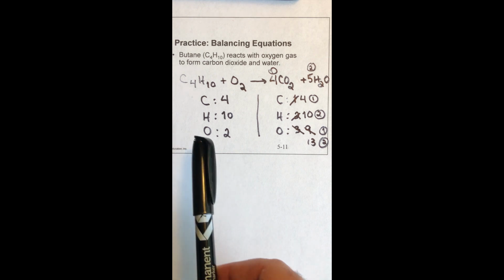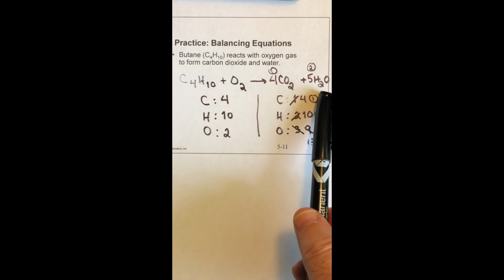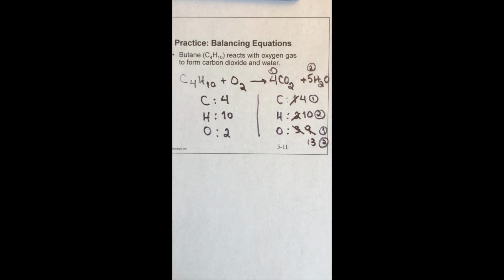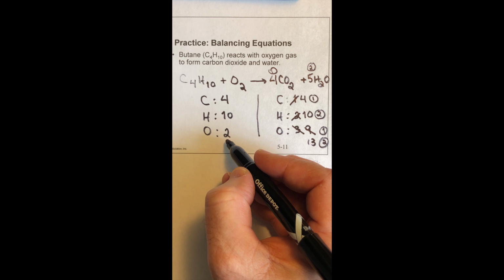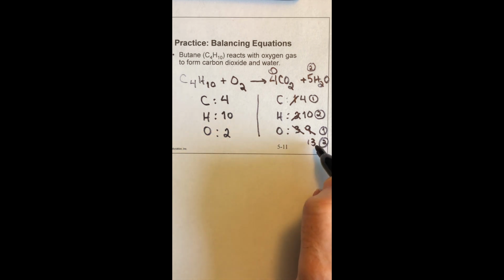Remember, when we read a chemical equation, the coefficients can be interpreted as molecules of compound, but they can also be interpreted as moles of compound, or in this case, element. So in other words, I could say that on this side, what I have right now is 2 moles of oxygen, but I need 13.